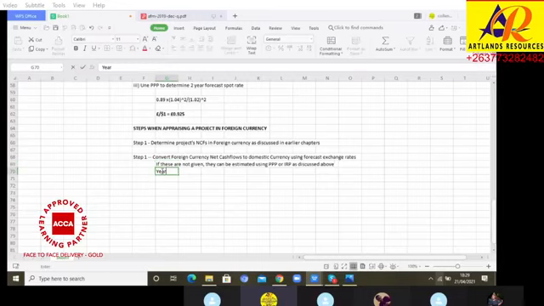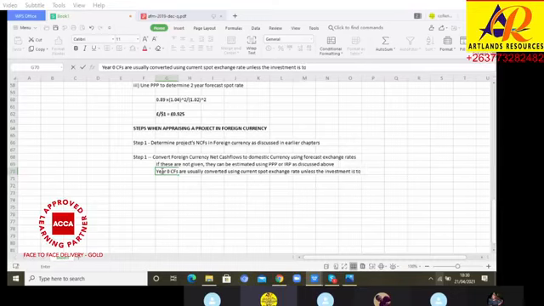Then notice that year zero cash flows are usually converted using current spot exchange rates, unless the investment is to be made at a later date.